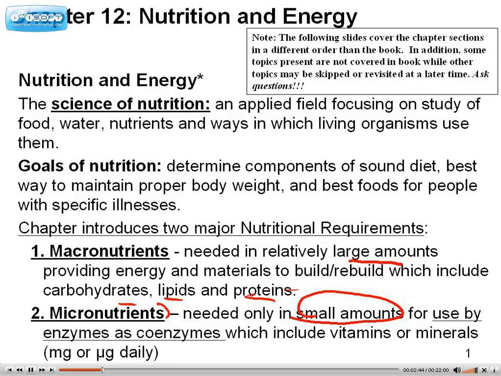So vitamins, minerals, anything that might contribute to coenzymes or cofactors for use by enzymes. Those are all micronutrients. They tend to be recorded in labels in amounts such as in milligrams or micrograms. So very small amounts required.